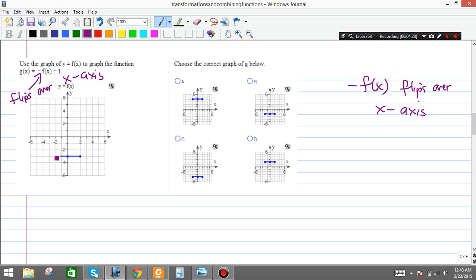It then goes from negative 2 to positive 2, and then I move it up 1. The only one that does that goes here. So it should be at 4, this one.